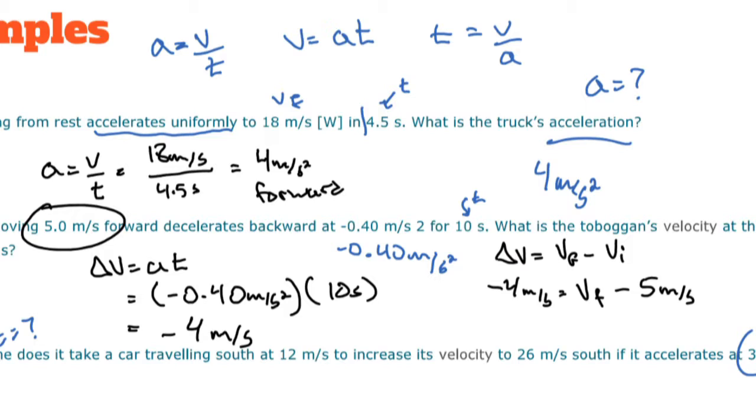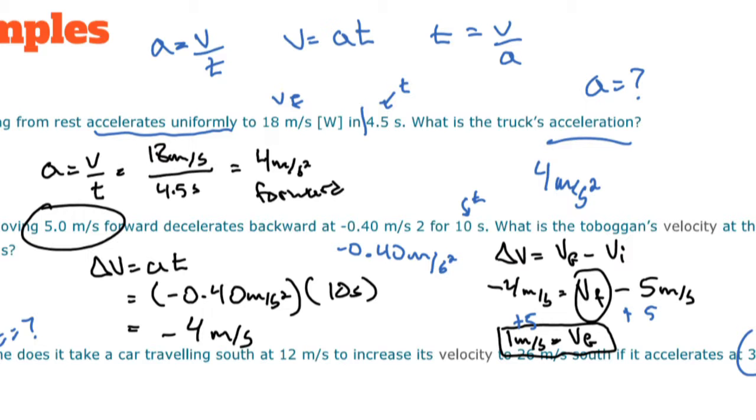So if we think about some algebra, I want to get the final velocity by itself. I'm going to add 5 to both sides. And I'm going to end up with negative 4 plus 5, which is 1 meter per second, going to be my final velocity.